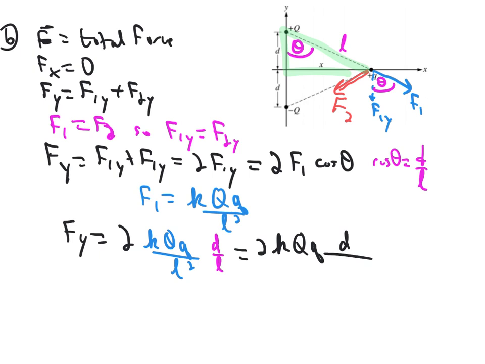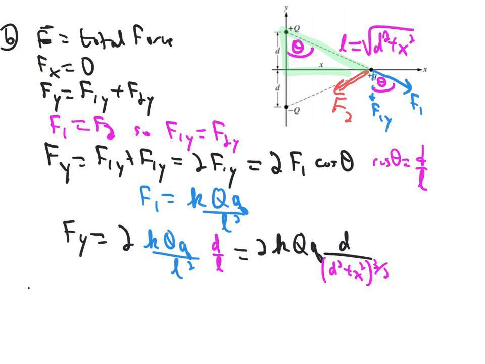If we go up here, we can say L is the square root of d squared plus x squared. It's the hypotenuse of that right triangle. So L cubed, which is what I end up having here, is now going to be d squared plus x squared square rooted, but then cubed. So we get something like that. And that is the force in the y direction, which is the total force.